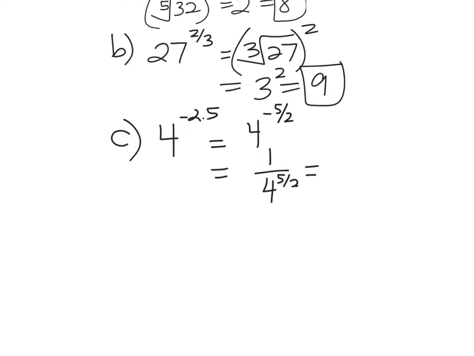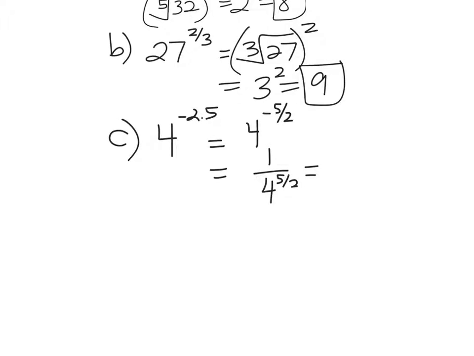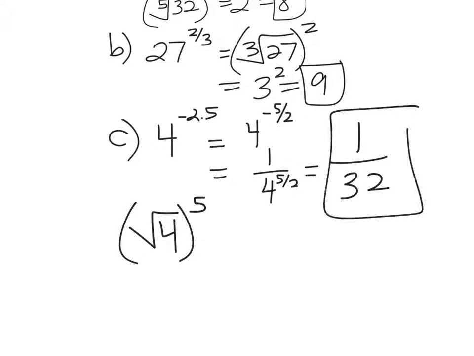See all these steps here? You got to change it from a decimal to a fraction, change it from negative exponent to positive, and now do it. What is the square root of 4? Sorry, to the 5th power. Do you know what 2 to the 5th is? It's 32.